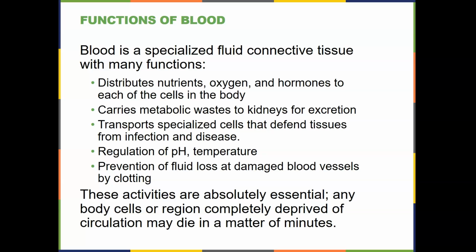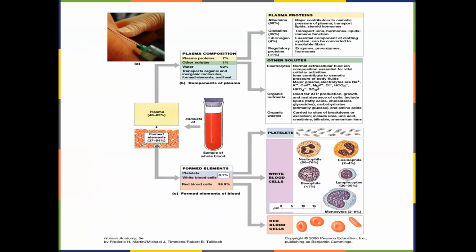All of these activities are essential to maintain homeostasis. If these activities aren't maintained, the organism will die, potentially even within a matter of minutes. For example, if there's massive hemorrhaging through a cut or a big injury, an individual can actually die within minutes because of blood loss.